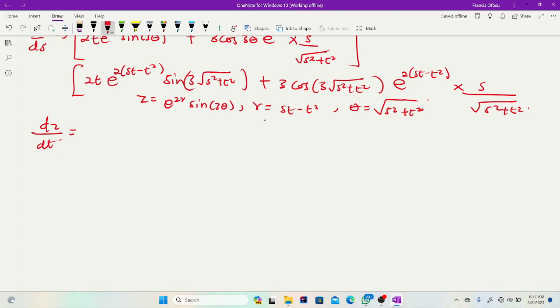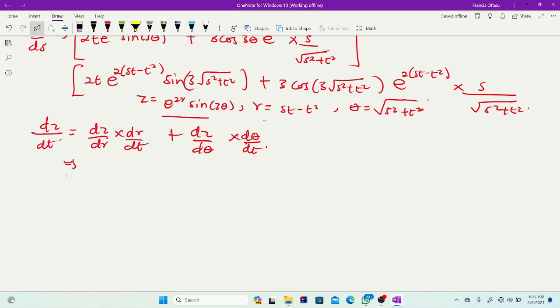So dz on dt, where are my t's? My t's are within r and theta. So I will have to access this t by opening r and theta first. So I'm going to get dz on dr times dr on dt plus dz on d theta times d theta on dt, like this.